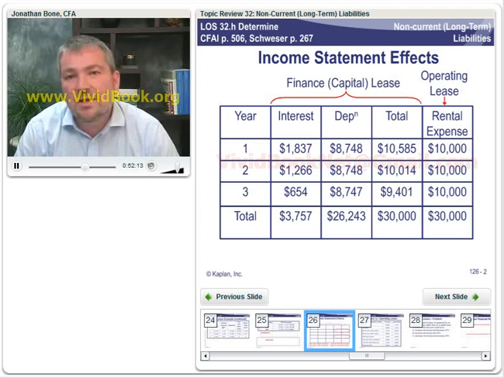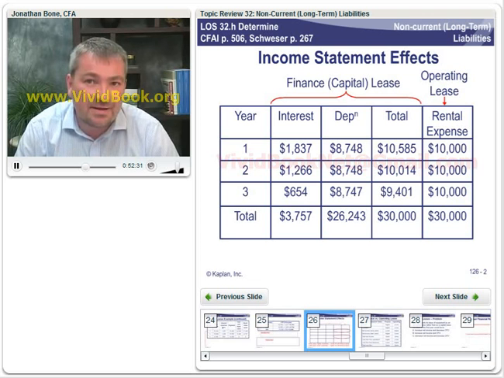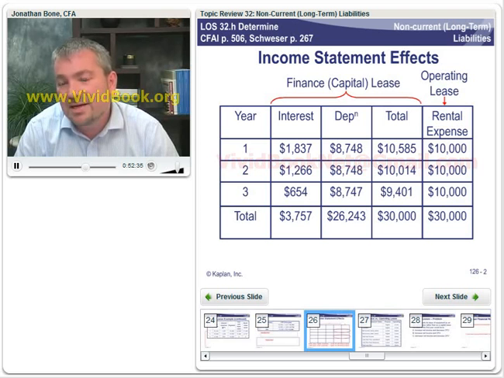Notice the total amount that's gone through the income statement over the life of the lease is $30,000, which is exactly the same as the operating lease. But more went through in year one, $585 extra went through on a capital lease compared to an operating lease. So your net income was 585 smaller. But notice in year three, then essentially the reverse is true. Less goes through under a capital lease and more under an operating lease.